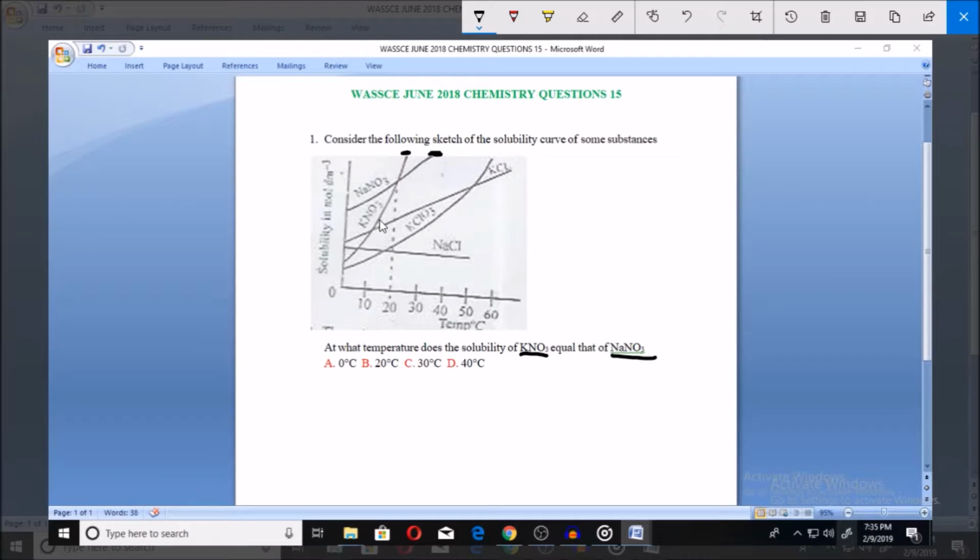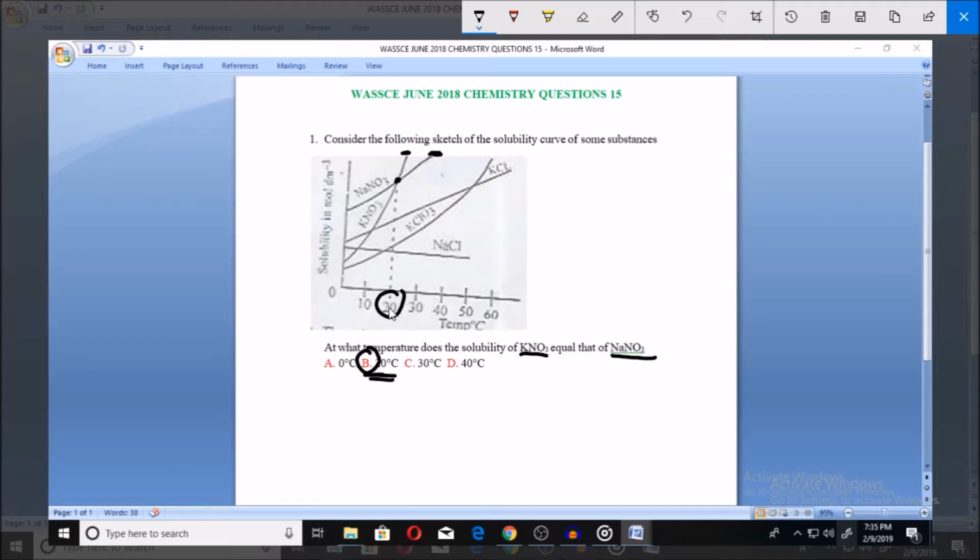This line is the curve for KNO3, whereas this line is the curve for NaNO3. So this is the point of intersection. This is where the two curves intersected. So if you trace this point of intersection down, you're going to see that it is actually at the temperature of 20 degrees Celsius. So the answer here is B, 20 degrees Celsius.